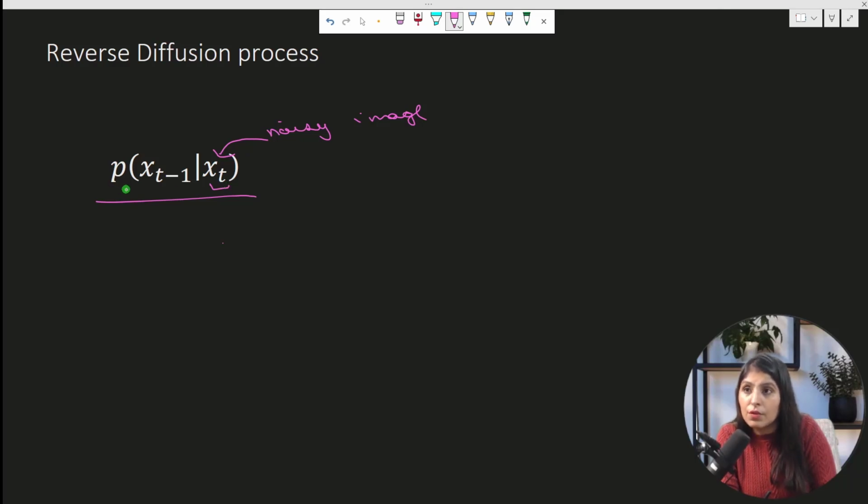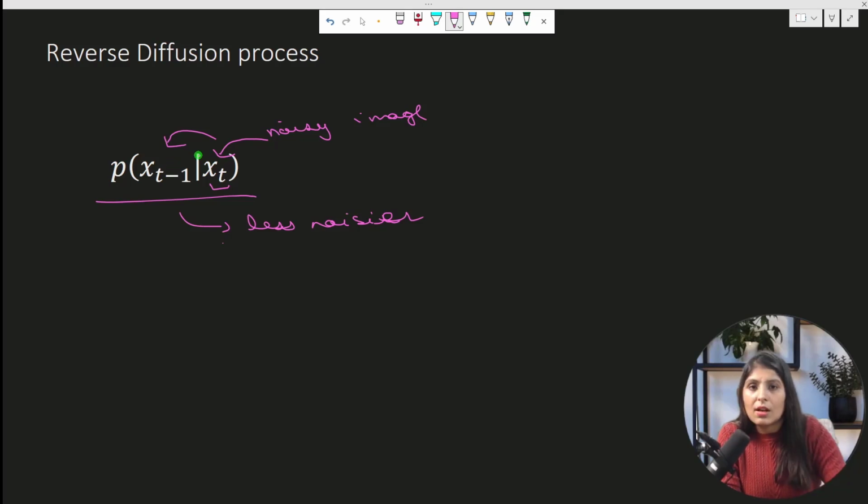This is the function for the reverse diffusion process. This will be the input to the model, and the model will give you a less noisy image. Okay, this is the main idea. At each time step you will give the more noisy image, and this function will make it less noisy.